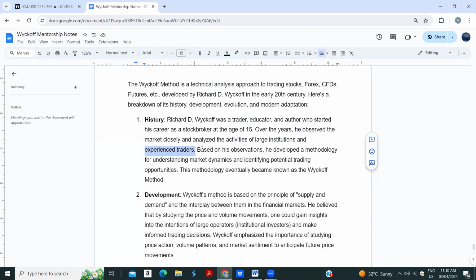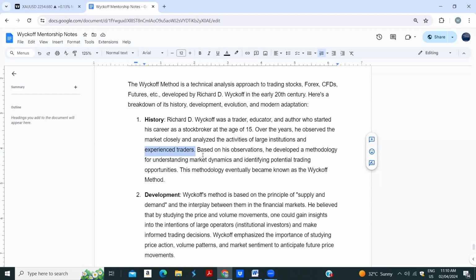So Richard Wyckoff started his career as a stockbroker at the age of 15, and over the years, he observed the market very closely, and he also analyzed the activities of large institutions such as banks and investment banks, hedge funds, even the brokerage houses, and the activities of experienced traders.